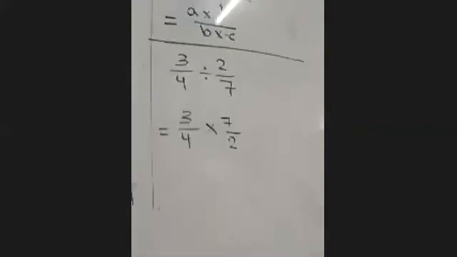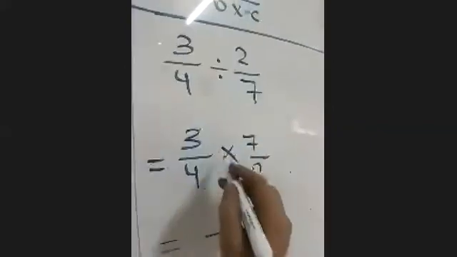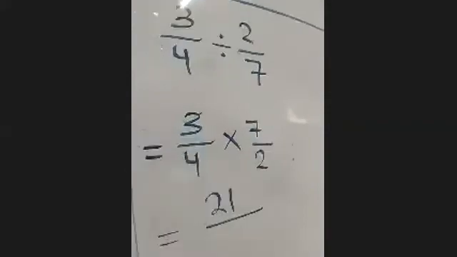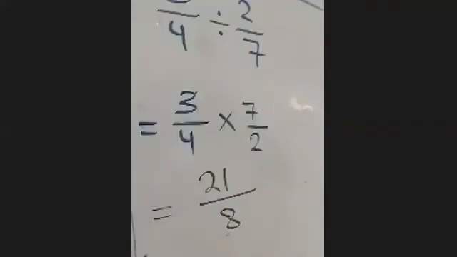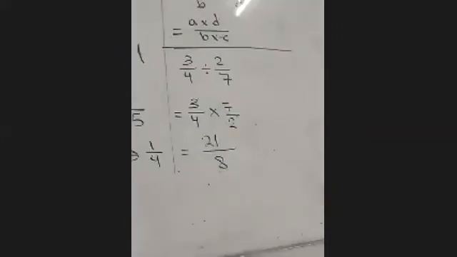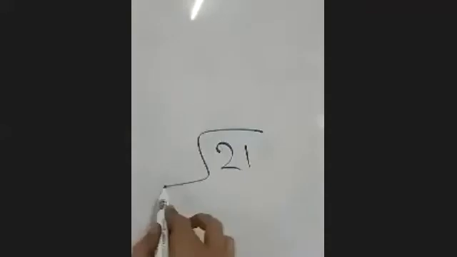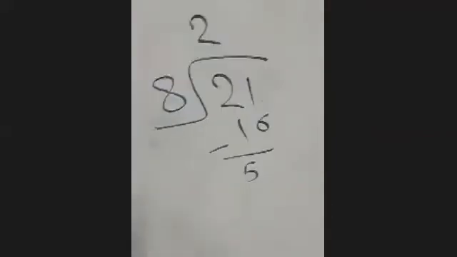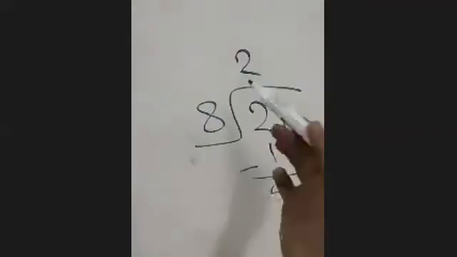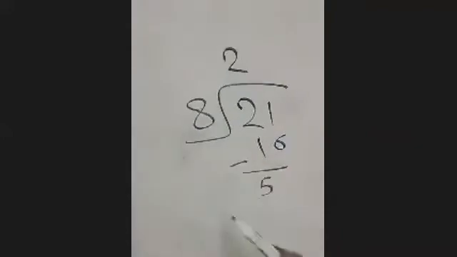Now we multiply normally. 3 times 7 is 21. 4 times 2 is 8. And if you remember in grade 5, if up is more than down, what do we do? Division. Now 21 divided by 8: 2 times 8 is 16, subtract, 5, right? So the answer is 2 and 5 over 8.